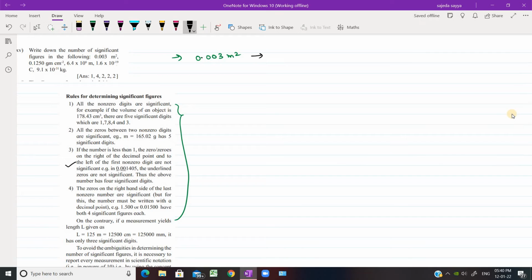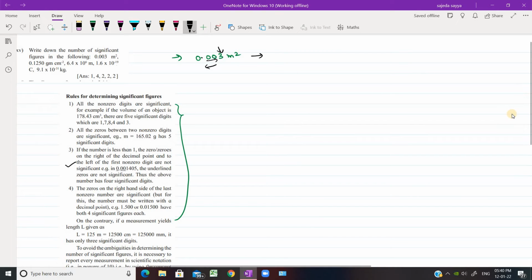Therefore, 0.001405, the underlined zeros are not significant. It means that to the right side of this decimal point, these zeros, if the number is less than 1, and to the left-hand side of the first non-zero digit, these zeros are not significant.